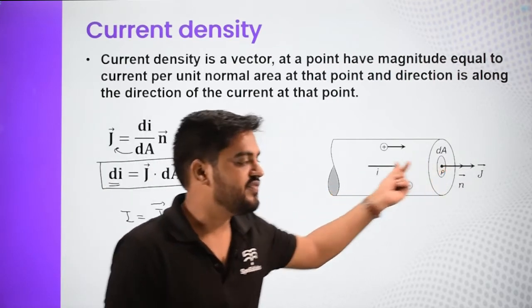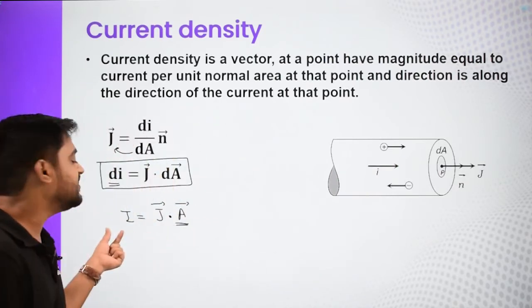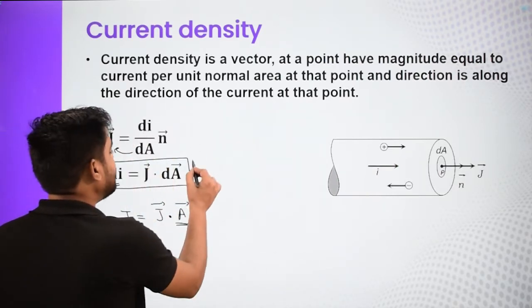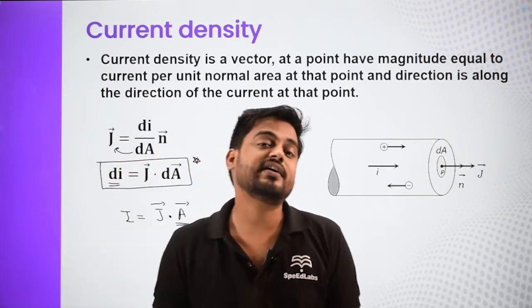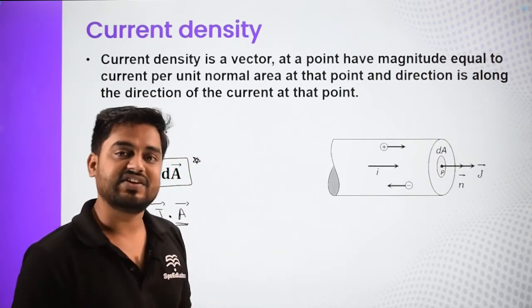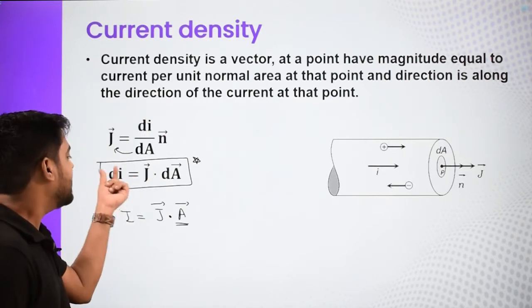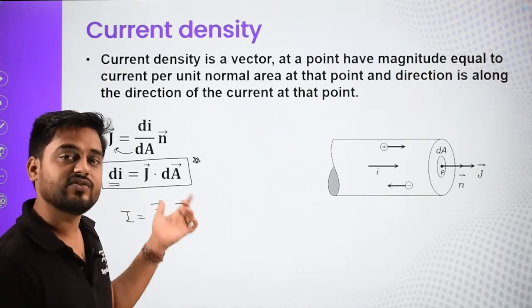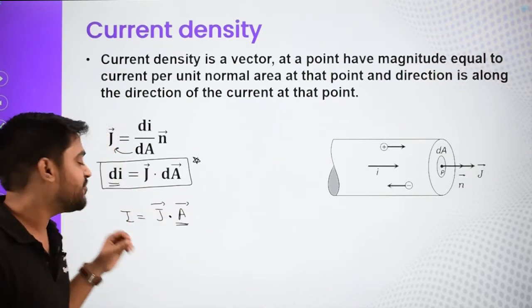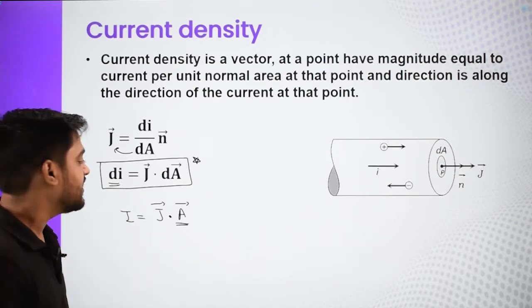So through this region we are finding small current, through the entire area of cross section we are finding the total current. This is how we define current density. Remember, it is a vector quantity while current is not. Direction is the same as current, and the magnitude is total current upon total area if it is constant, or if we are using the smaller elements, then dI upon dA is the current density.